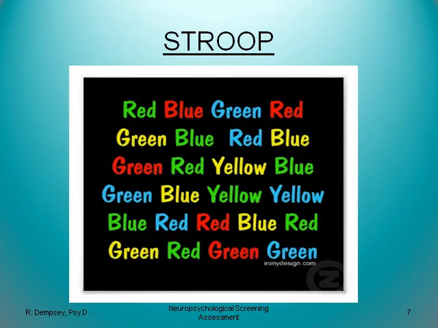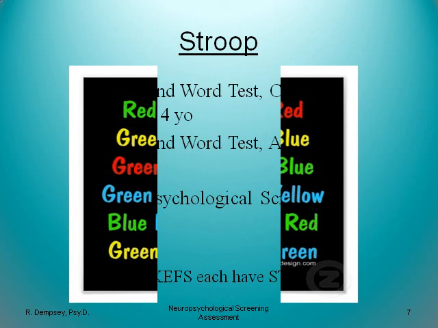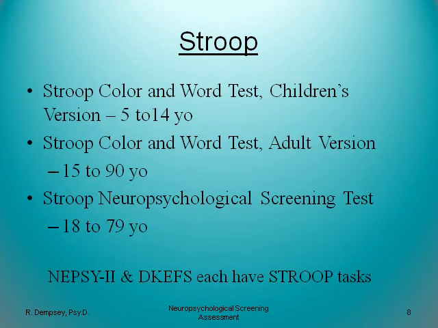But the Stroop looks at a number of different things. There are actually two versions of the Stroop that I've found that are for public consumption. There's a gazillion of them online. If you just type Stroop, you'll find a whole bunch of online tests for it.